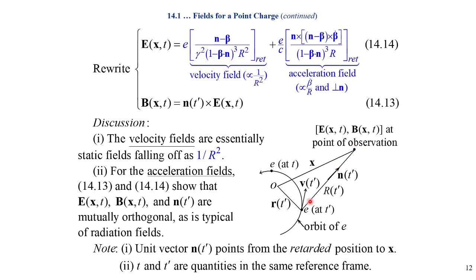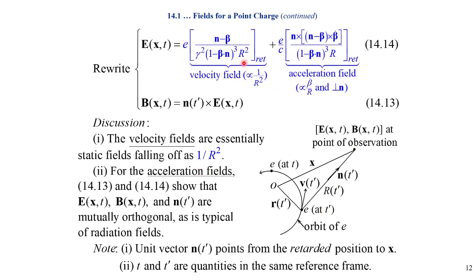That means we emit a signal, then the signal's electric field will be perpendicular to this direction. Maybe in this direction, or this direction, but perpendicular to this one. That's good news. If we have acceleration in this direction, then the observer here will observe an E field perpendicular to n.